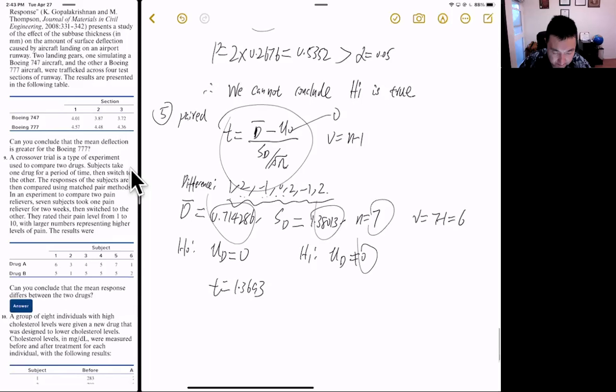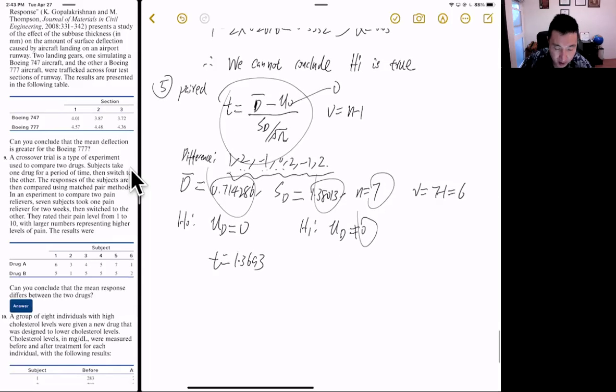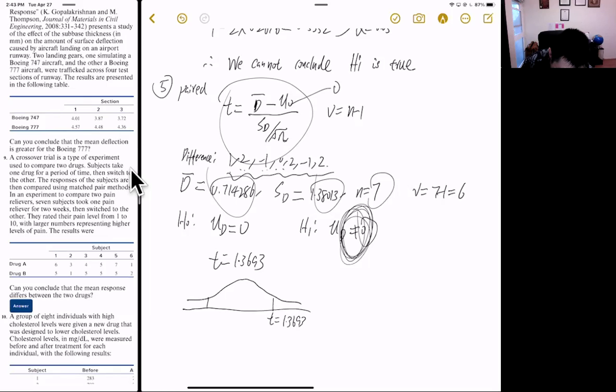Then we calculate the p-value. Because H1, the alternative hypothesis, is in the form of not equal, the p-value will be the sum of two tails, of t and minus t.